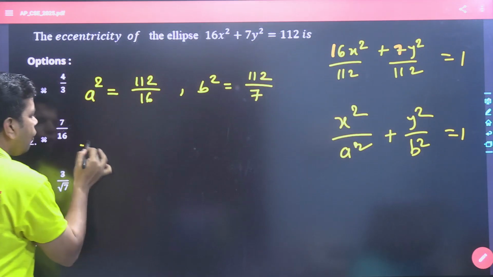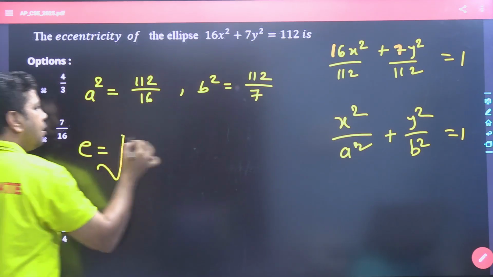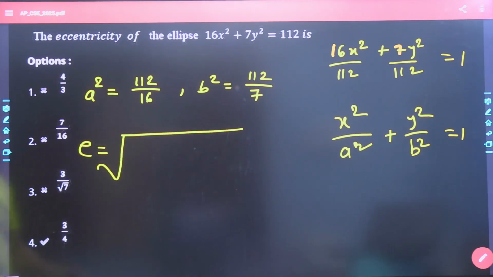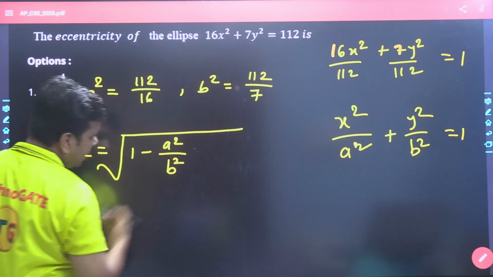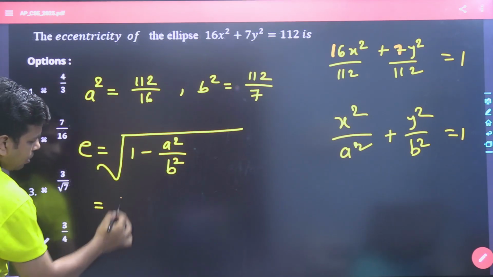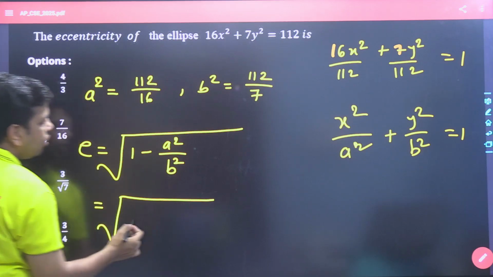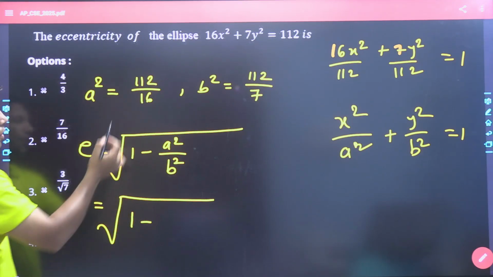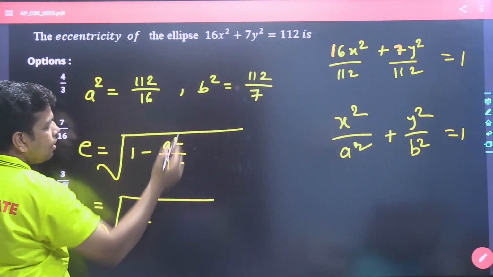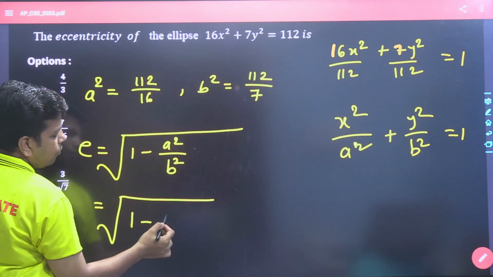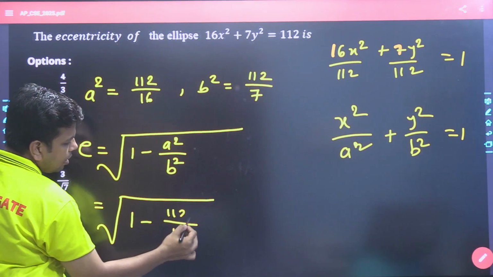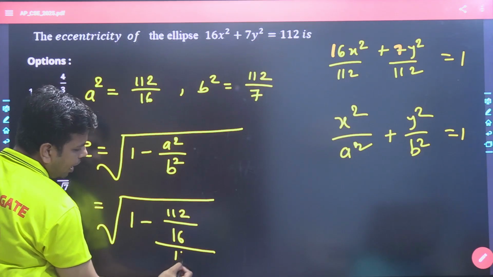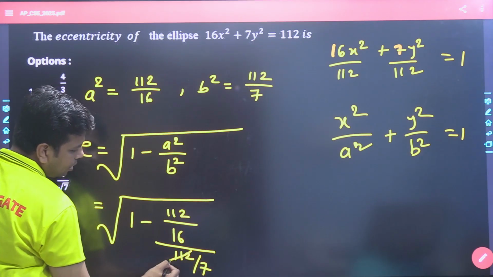Now the formula for the eccentricity is what? The square root of 1 minus a square divided by b square. So the square root of 1 minus 112 by 16 divided by 112 by 7.